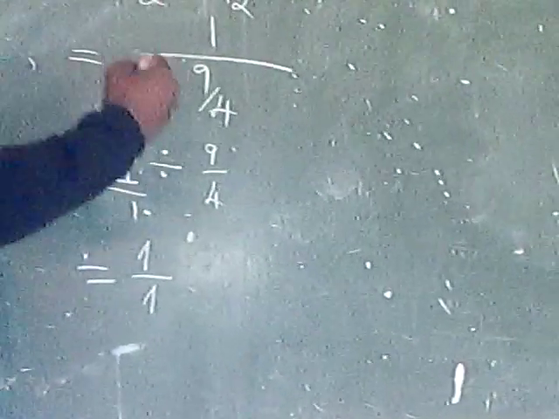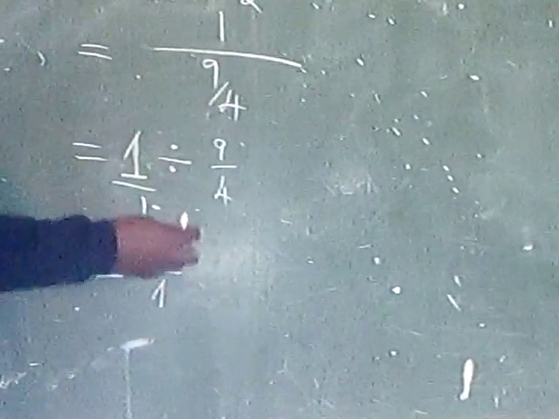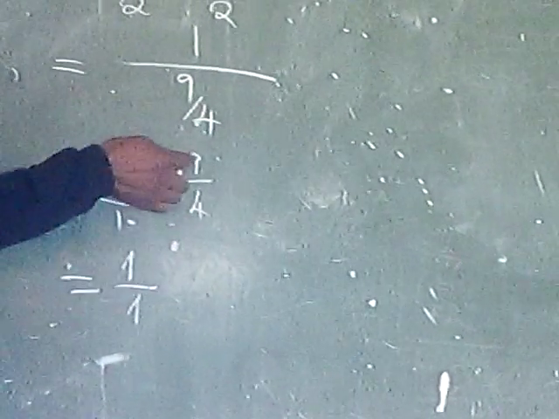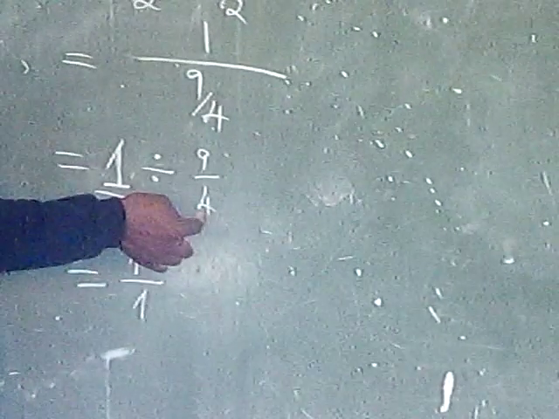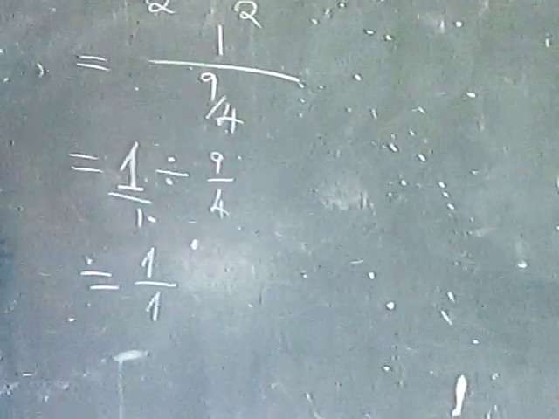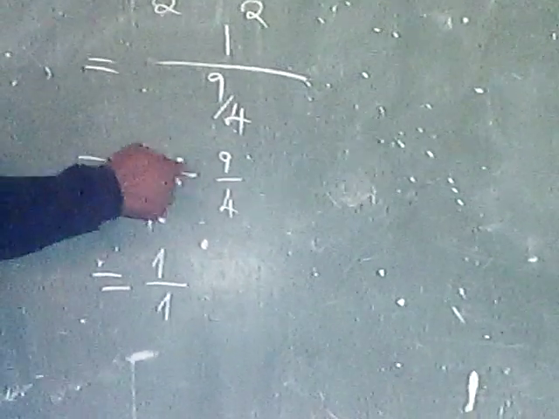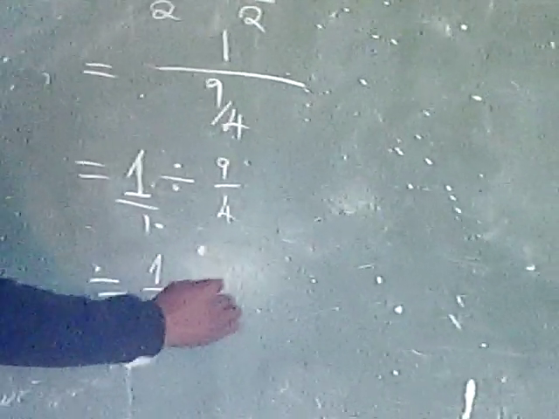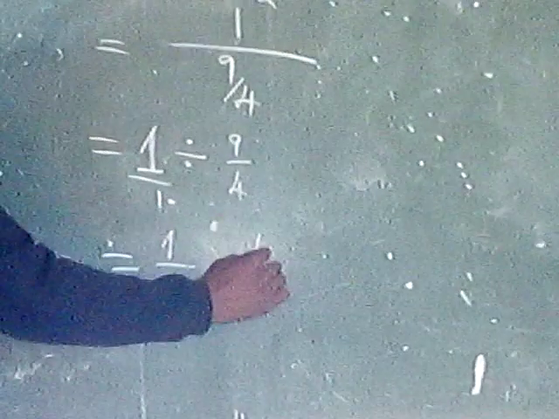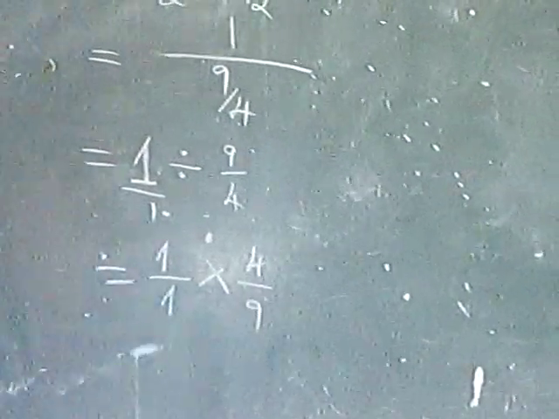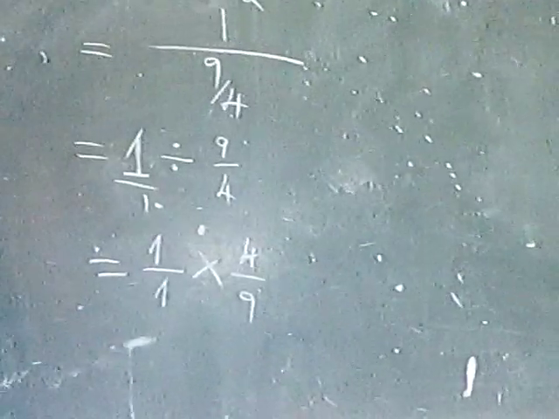Then the right-hand side fraction has to swap. The numerator will be the denominator, and the denominator will be the numerator. The moment you do that, you need to change the operation from division to multiplication. And so here we're going to have times 4 out of 9. Then simplify further so that you have your answer.